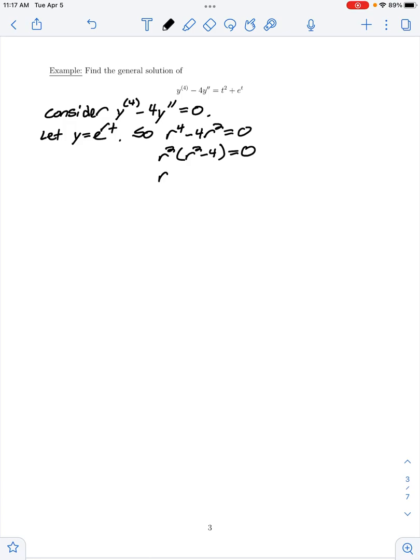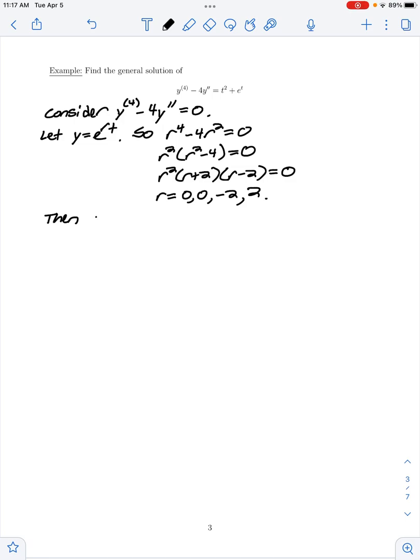And then that quadratic can be factored as r plus 2 times r minus 2. So we find that we have roots of 0, which has multiplicity 2, -2, and +2.